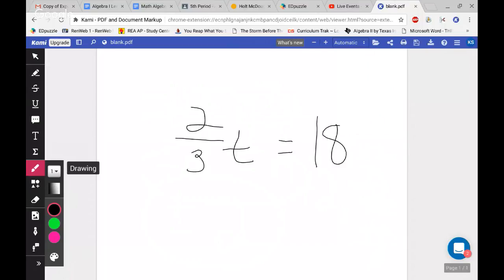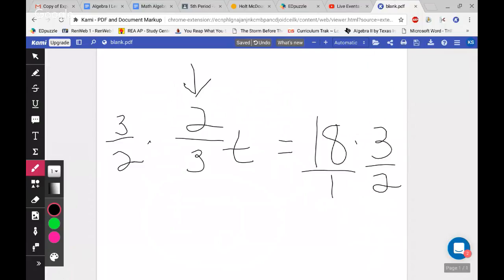On a problem like this, you're going to want to multiply by the reciprocal of the fraction to clear the fraction. And then simplify before you multiply.